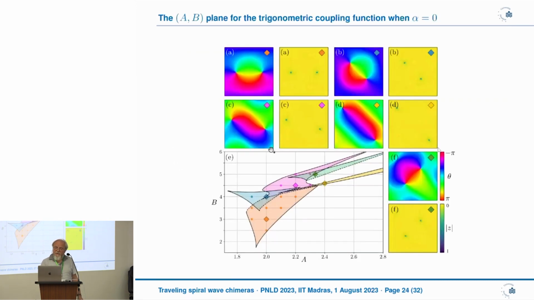So here is what we find for the case alpha equals 0. And you see here the plane of those coefficients in that truncated Fourier series, that coefficient capital A and the coefficient capital B. And you see a number of different regions that contain stable solutions. Outside, all the solutions are unstable.